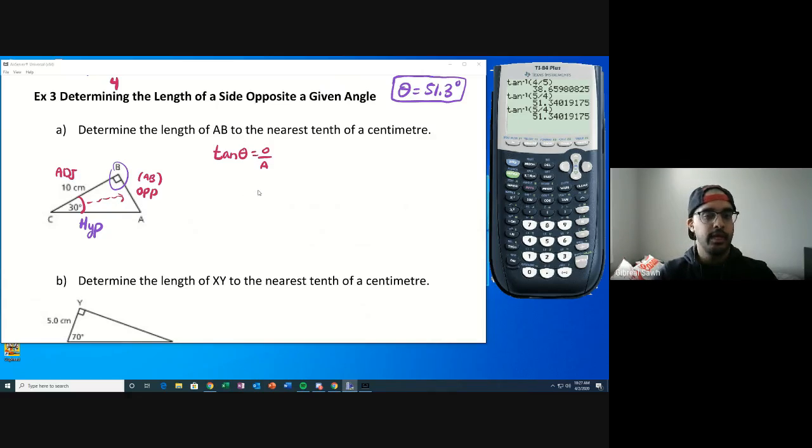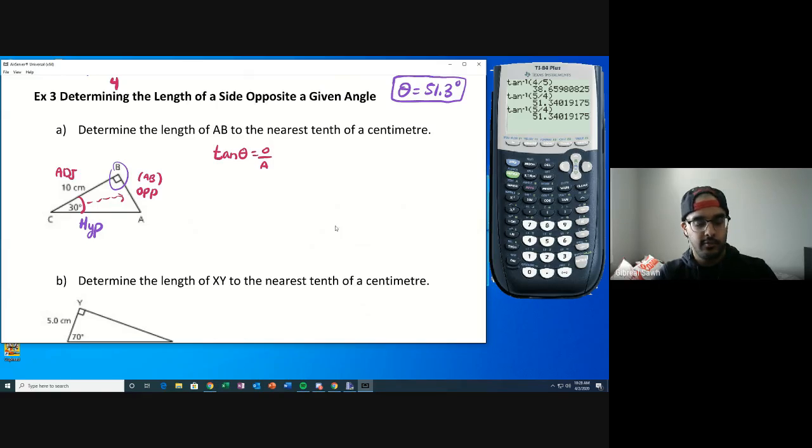There are three things in this formula: opposite, adjacent, angle. In order to use it, I have to know two out of the three. I've got an angle, and I know the adjacent. The only thing I don't know is the opposite side, which is what we're going to solve for.